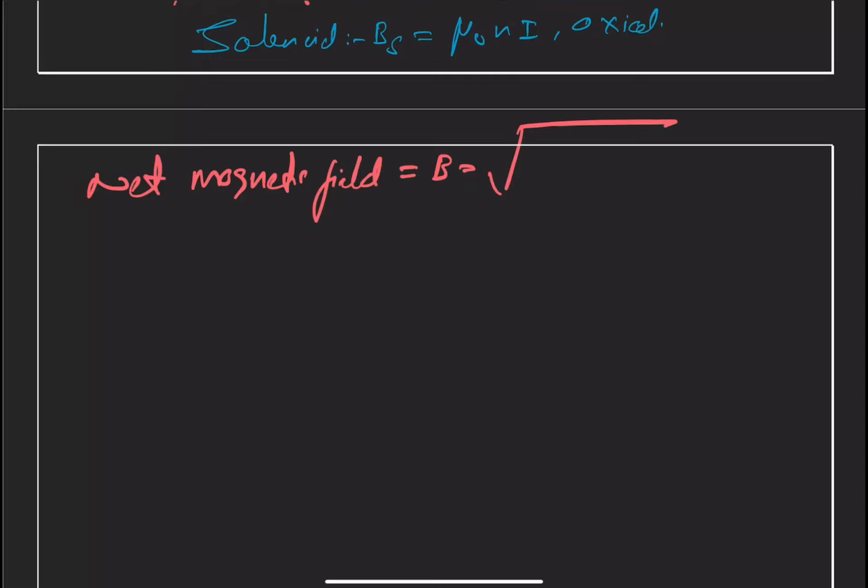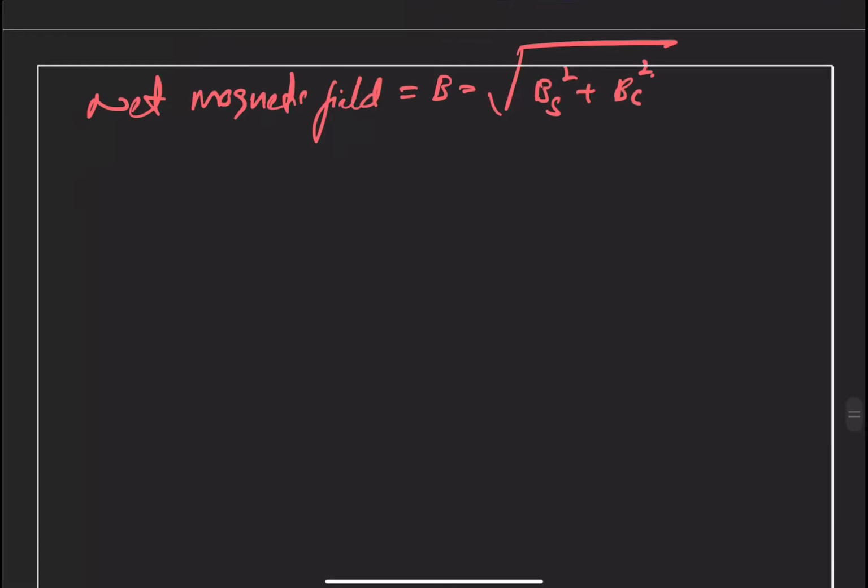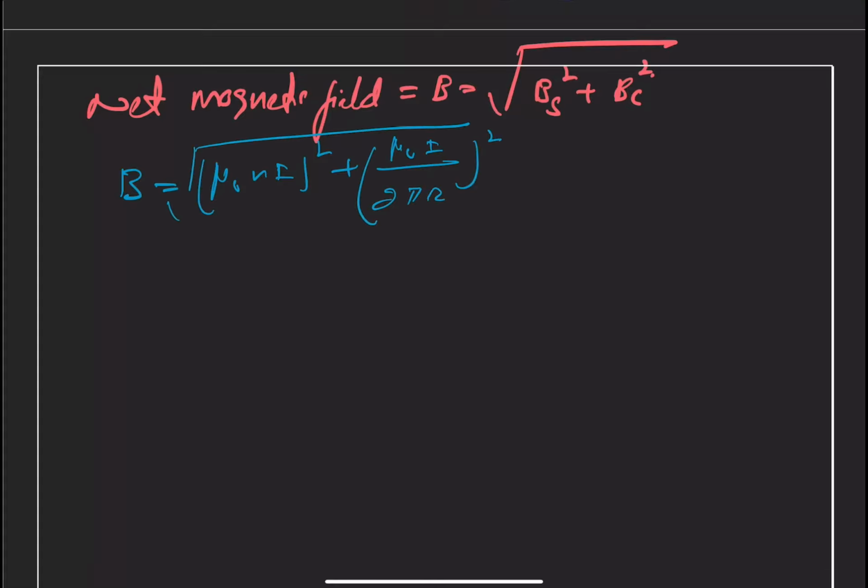So we can write its magnitude will be square root of (mu naught n I) whole square plus (mu naught I upon 2 pi r) whole square.